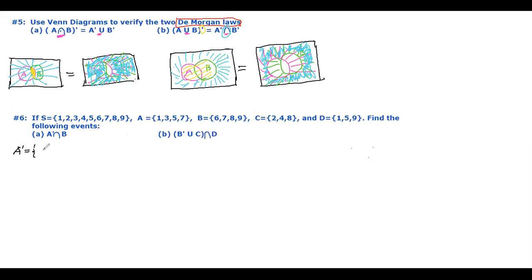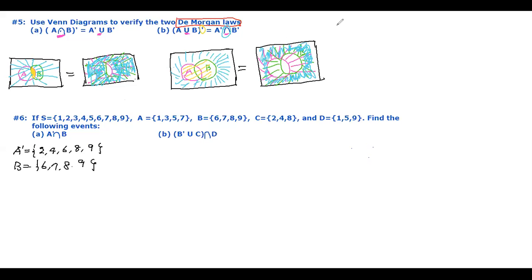So it will be 2, 4, 6, and 9, right? Those are the values inside the sample space, but not in A. Then B is 6, 7, 8, 9.